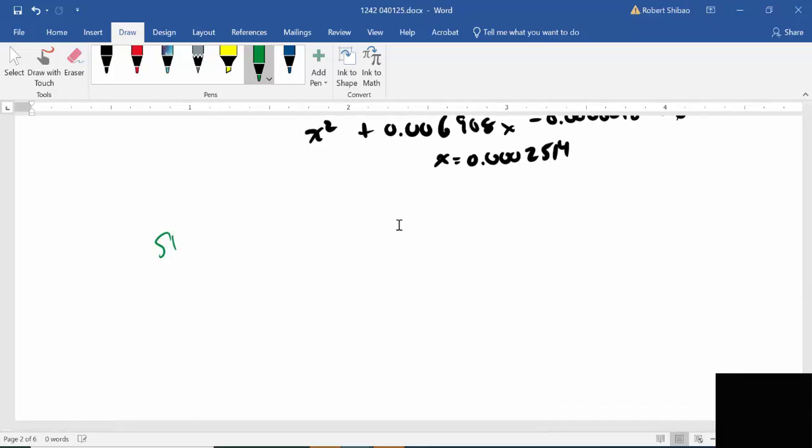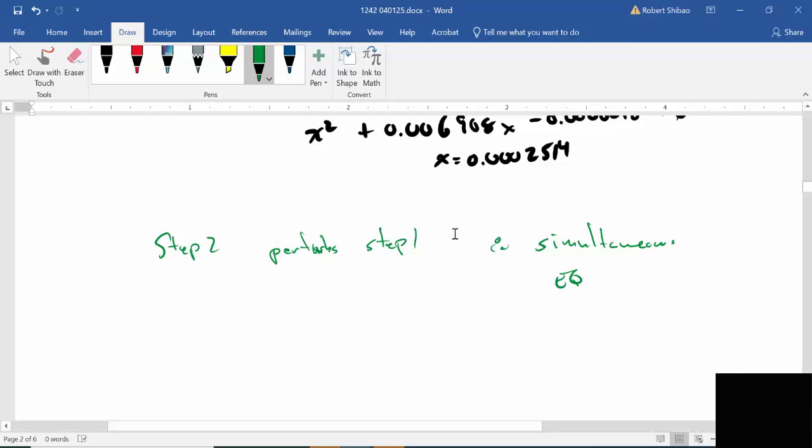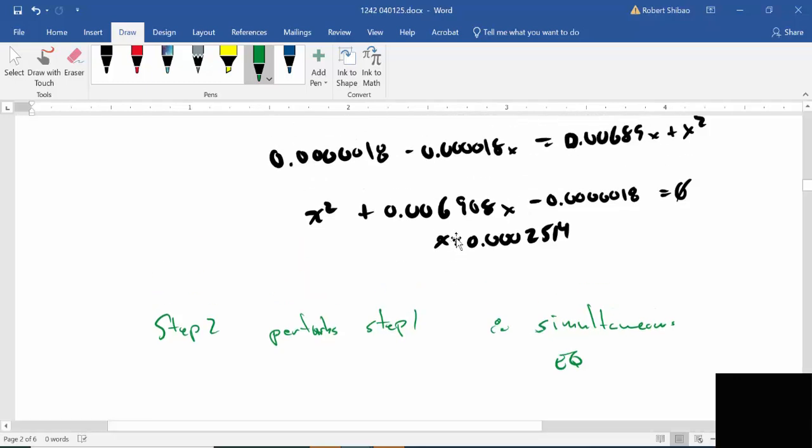So in other words, step 2 perturbs step 1. Therefore, simultaneous equilibrium. What we need to do is come up with a common hydronium.